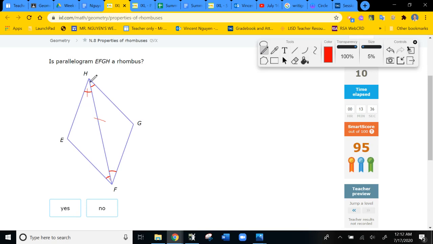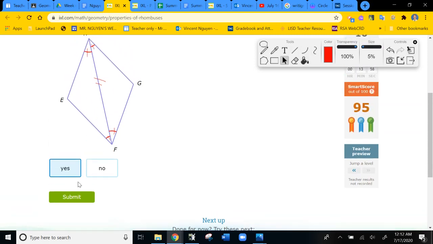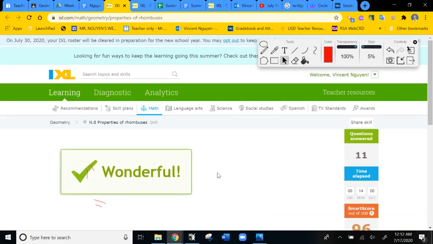Okay, angle, side, angle. So we could actually use the angle side angle theorem to prove that these two triangles are congruent. Therefore, this parallelogram is a rhombus. So I am going to say yes with 98% confidence. Submit. Yay.